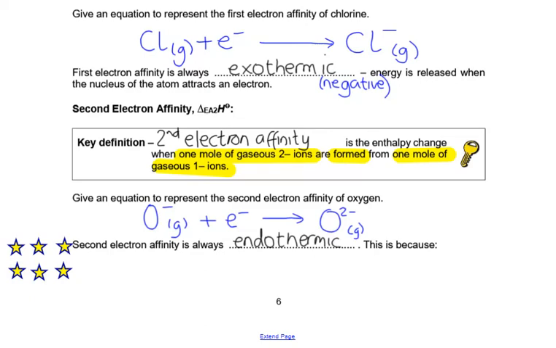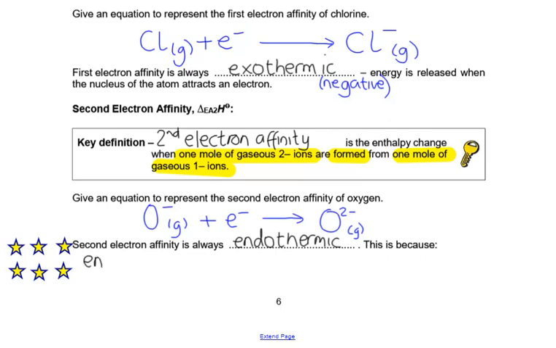And we need to say to ourselves, well, the reason it takes energy is because I've got a negative ion and a negative electron. So as they come close to each other, they're going to repel. And in order to get them to come together, I've got to overcome the repulsion between the negative ion and the negative electron.